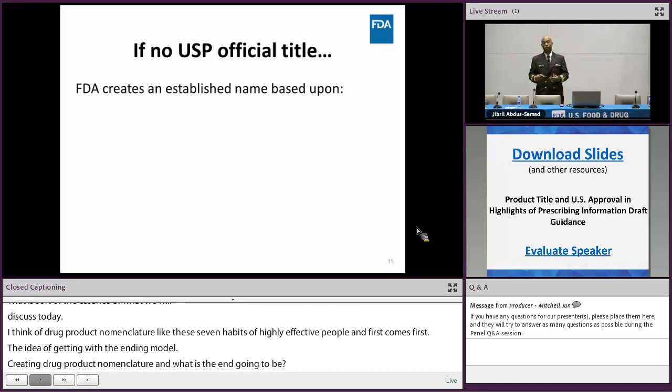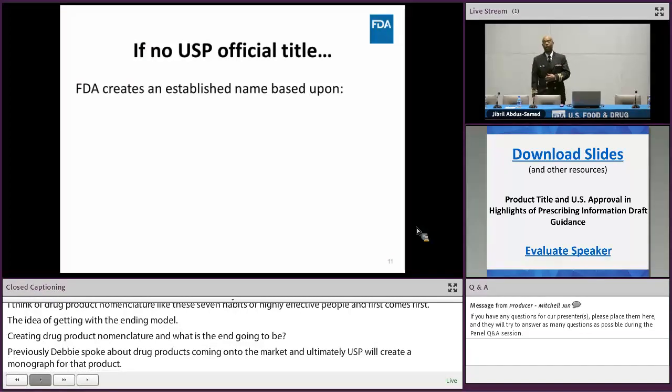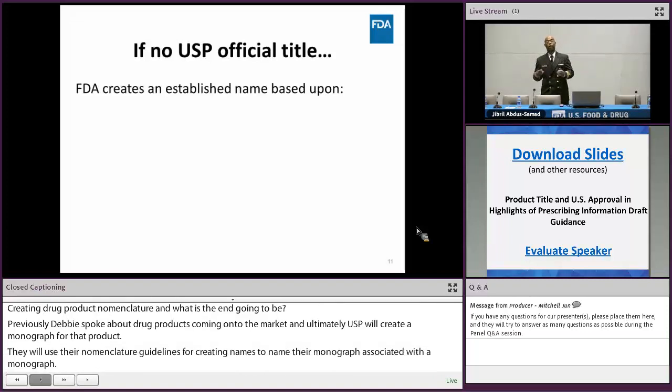USP will use their nomenclature guidelines and their rules for creating names to name the monograph associated with the product. To avoid FDA creating an established name that may be changed when USP creates a monograph, we have to understand that ultimately the drug product will have a USP monograph, and we need to develop the title to match that.